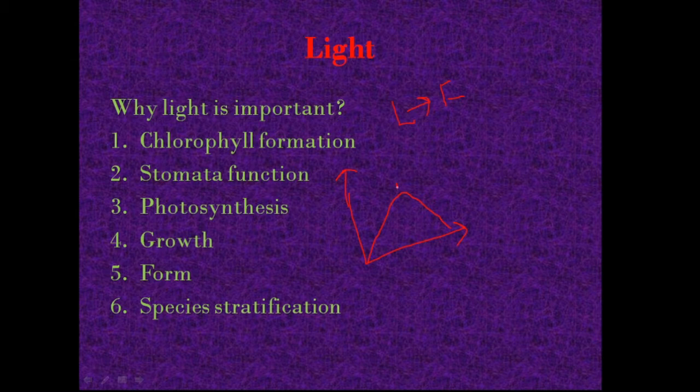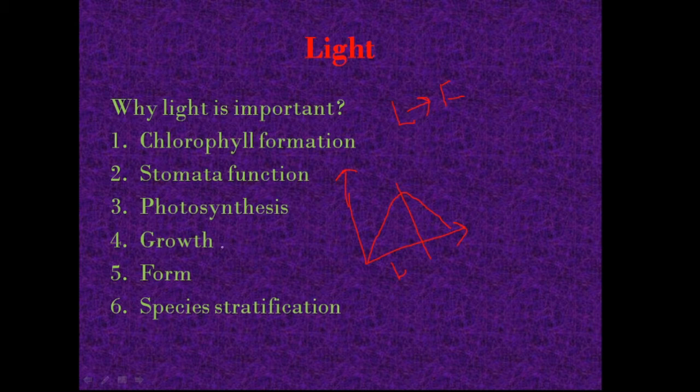And it also helps in the growth of the plant, which means we all know that a plant requires a particular amount of light in order to induce flowering, and this is known as photoperiodism, right? This is how light influences the functioning of the plants.